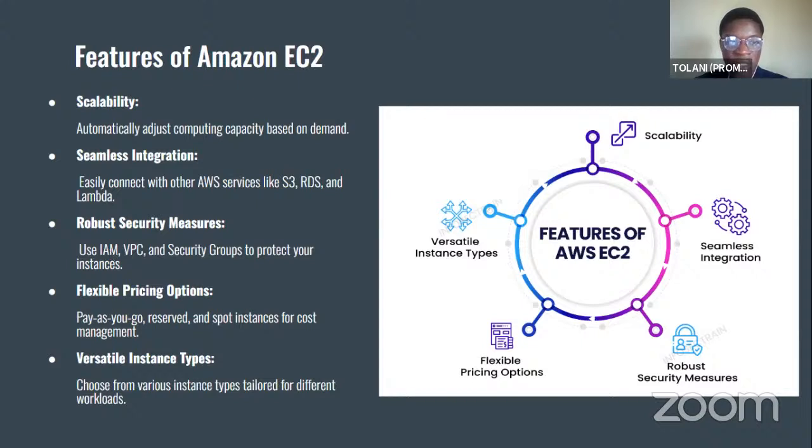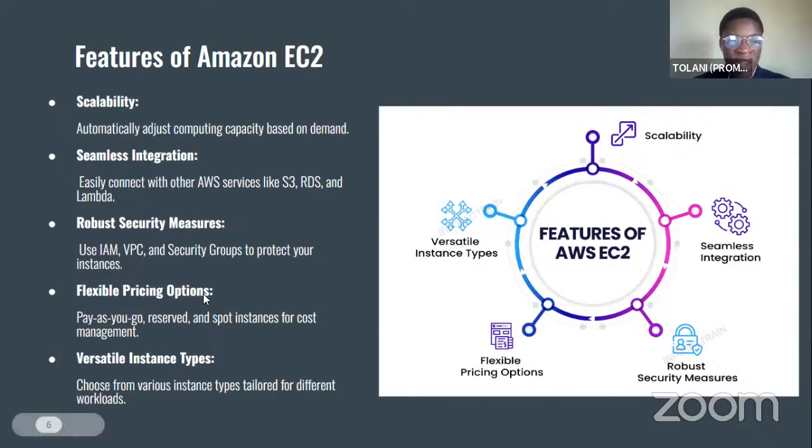So that's for security. We have VPC, which means virtual private cloud. Basically, it just means creating a section of your own cloud where you can put your resources securely. And we have security groups to protect your instance. So basically, in the cloud, there are a lot of services already integrated that you can leverage to secure your Amazon EC2.